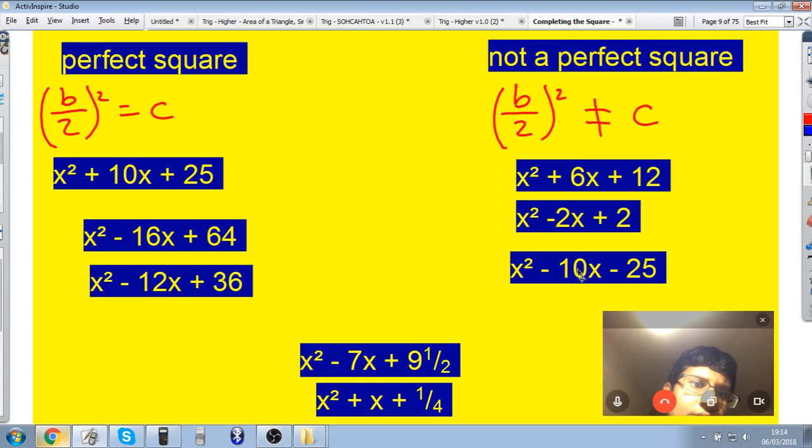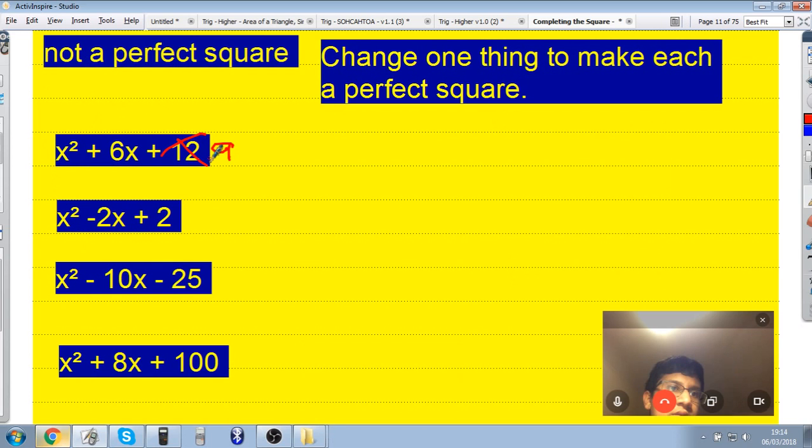So change one thing to make each of these a perfect square. If we want the b term, b over 2 is 3, so we could change the last number to a 9. For the next one, we could change the c term, minus 2, to a 1.